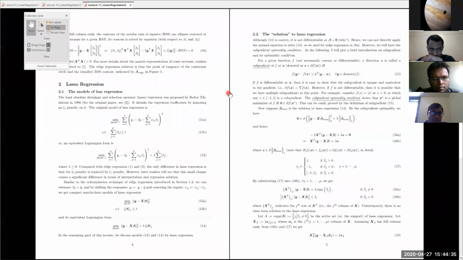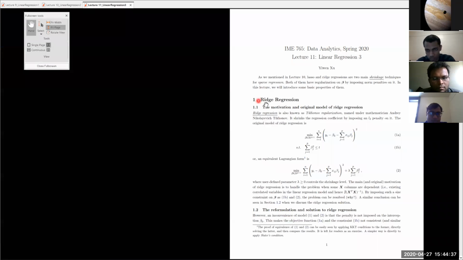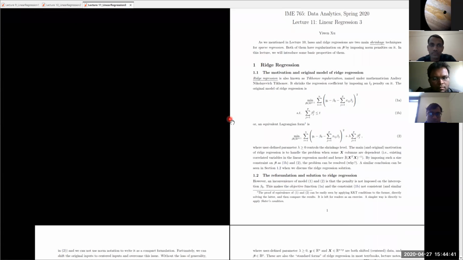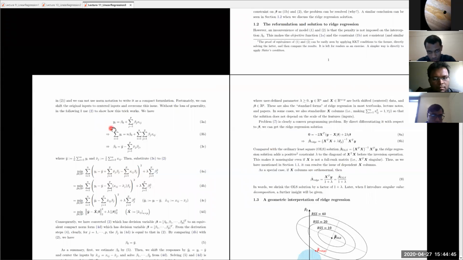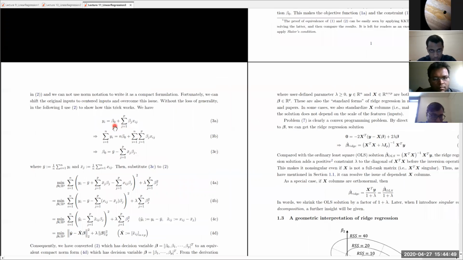Let's continue. So first of all, let's observe this. For each row, I have y_i equals beta 0 plus the summation over j from 1 to p of beta_j x_ij, right?